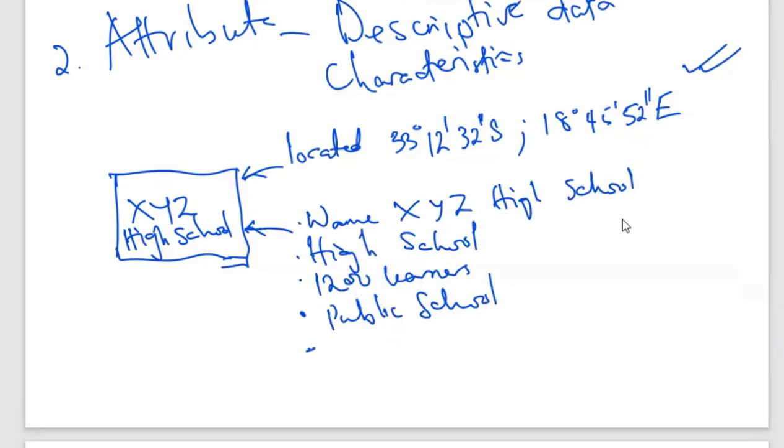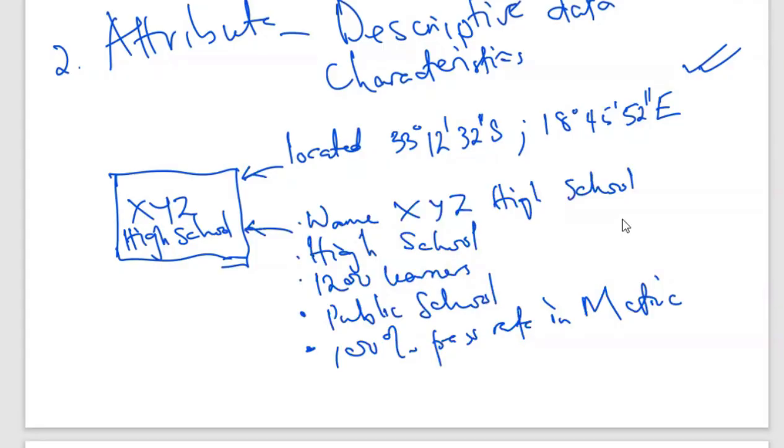Trends about the pass rate. What was the 2024 or any other year's pass rate? It had a 100% pass rate in matric. You can see the difference here. Here we are describing the school. We are giving more details about the school. We are talking about the features of the school. This is now attribute data.